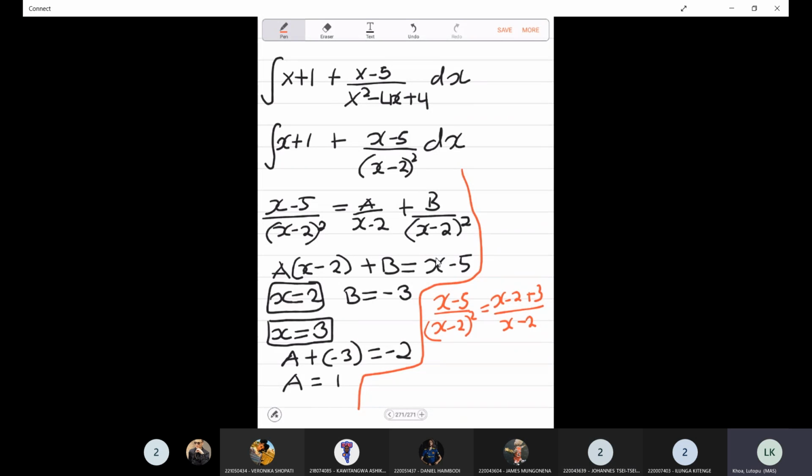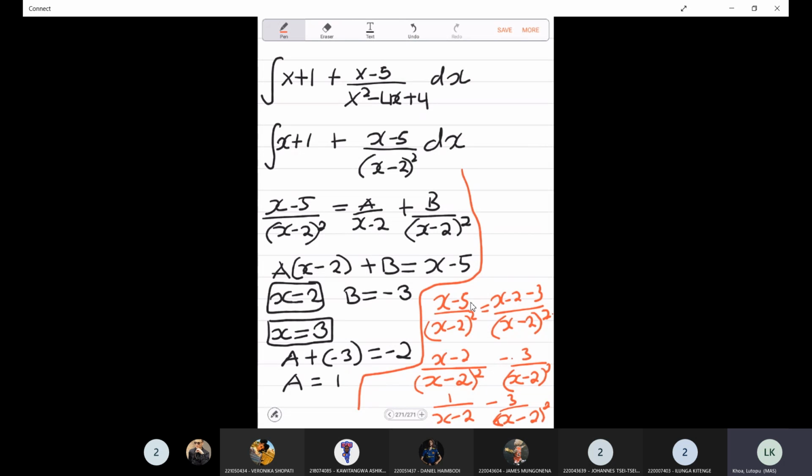So this one, like I was saying, I can write it as x minus 2 over x minus 2 squared, and then minus 3 over x minus 2 squared, and then here I have 1 over x minus 2 minus 3 over x minus 2 squared.